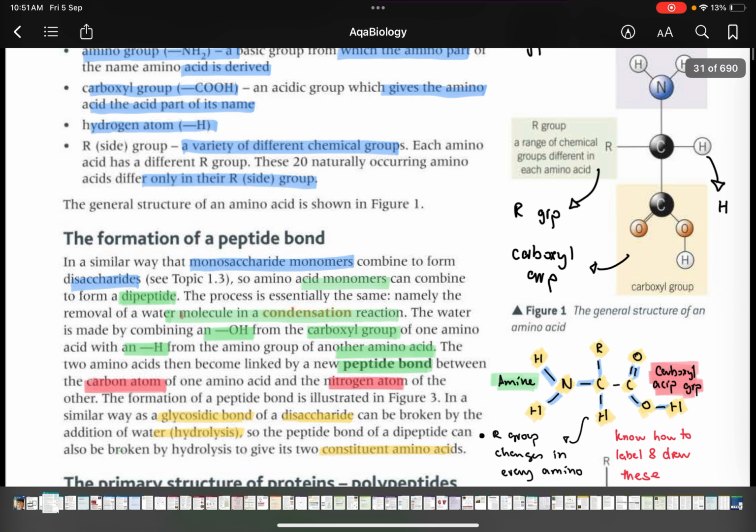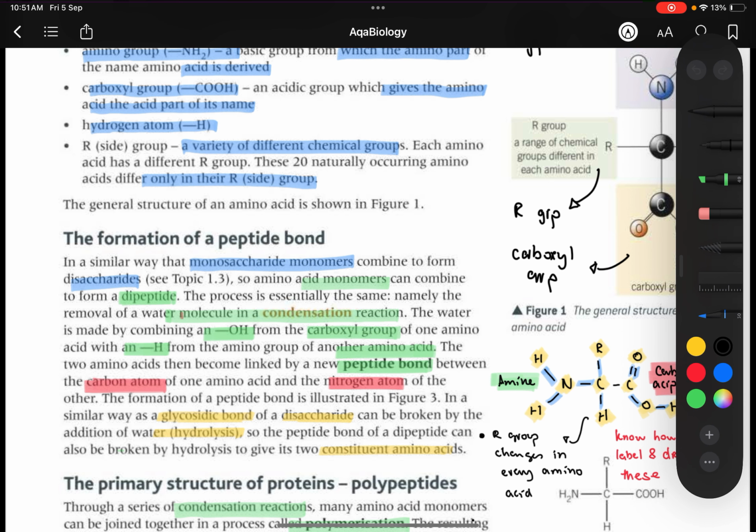So right here we have our amine group. And that is basically NH2, so it's essentially just 1 nitrogen and 2 hydrogens, and it is a basic group from which the amino part of amino acid is derived.